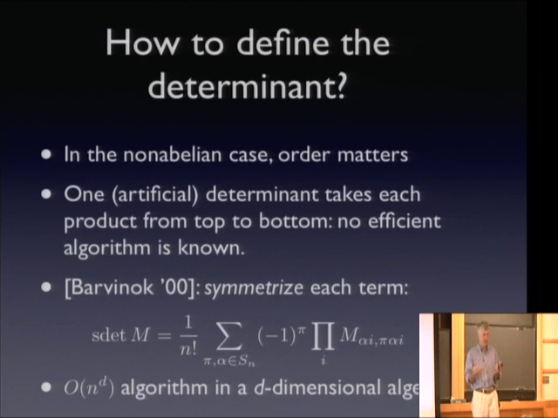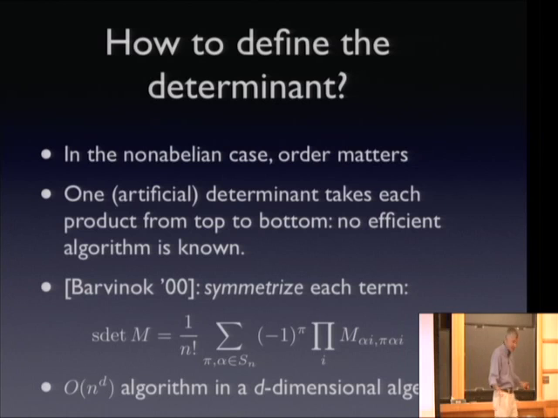But now that you're in a non-abelian setting, the value of these products may depend on the order in which you took the product, right? So if you just decide to use the regular old-fashioned determinant as written, this is some strange artificial choice that you have made to visit the products in row major order. So you can certainly do that. That gives a kind of, I'll call that the artificial determinant.